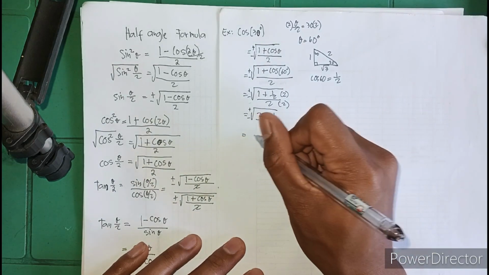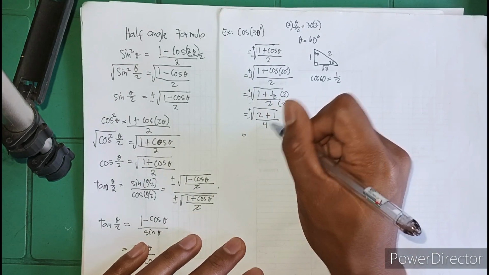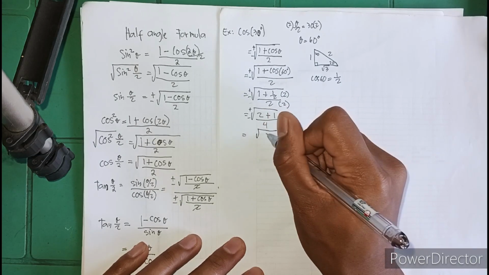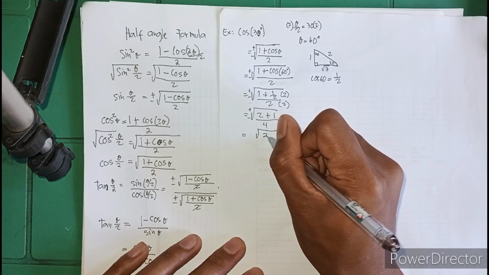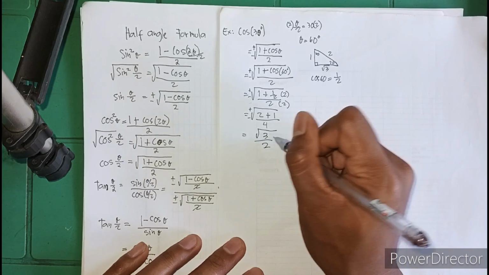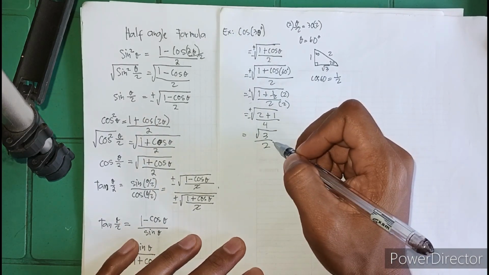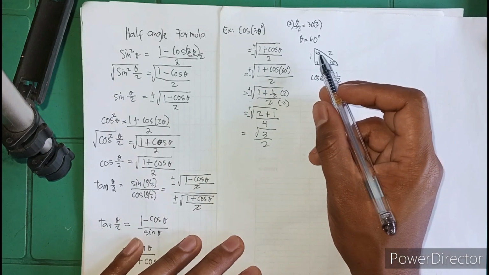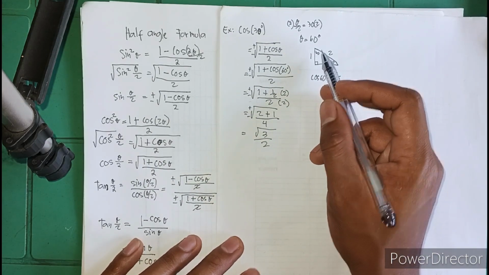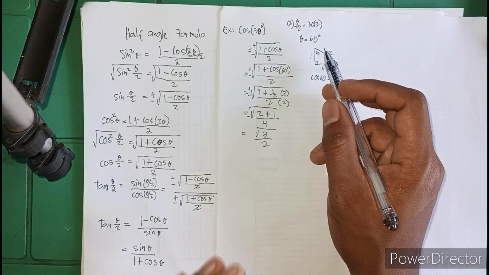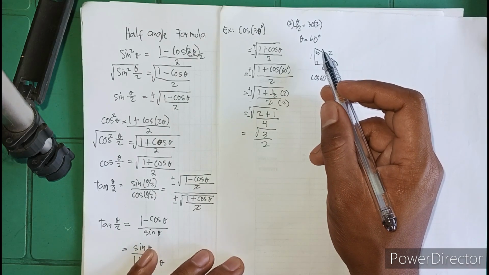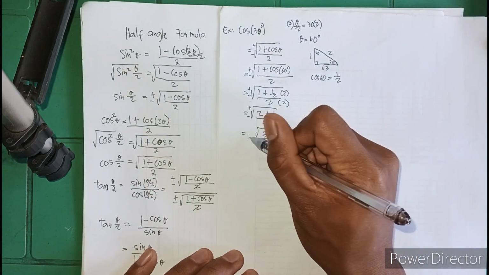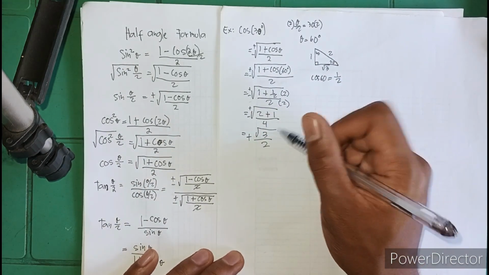So 2 plus 1 is 3, so the square root of 3, and the square root of 4 is simply 2. So our final answer is the square root of 3 over 2. Since our theta is 60 degrees, and 60 degrees is in quadrant 1, our final answer is positive square root of 3 over 2.